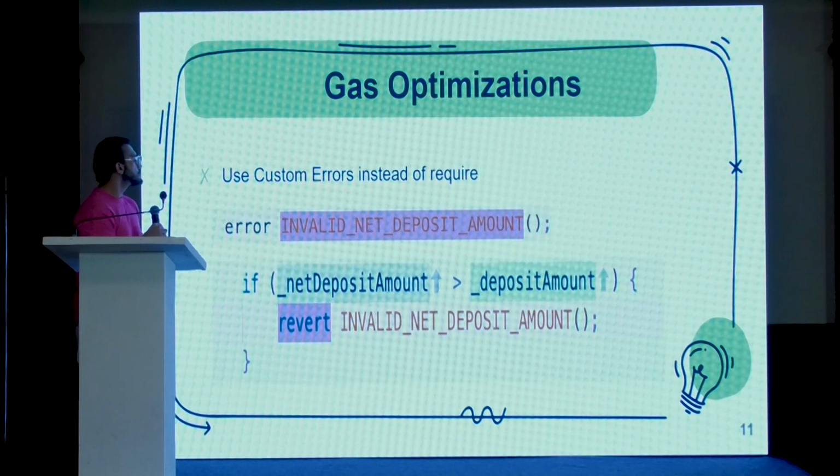So these are some basic techniques that some of you might already know, but I'm still going to let you know, for those who are trying to get into the smart contract development space. We'll start with some optimization techniques, how we can save gas.